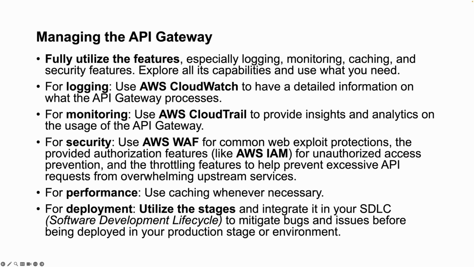This helps your teams in mitigating bugs and issues before being deployed in your production stage or environment. So those are my tips in order for you to maximize and have the full capabilities of the Amazon API Gateway.